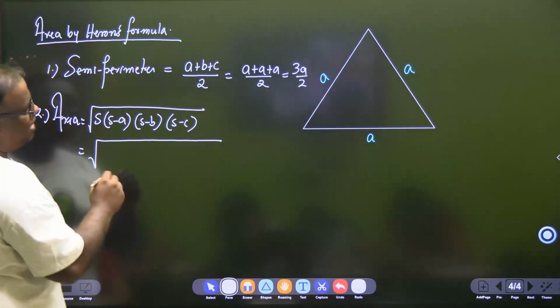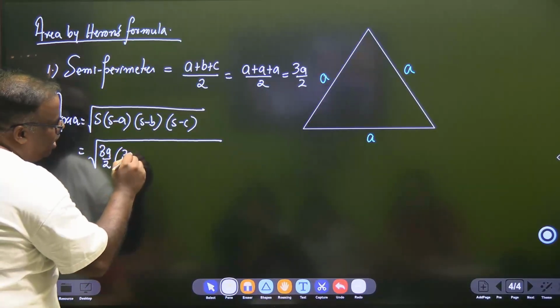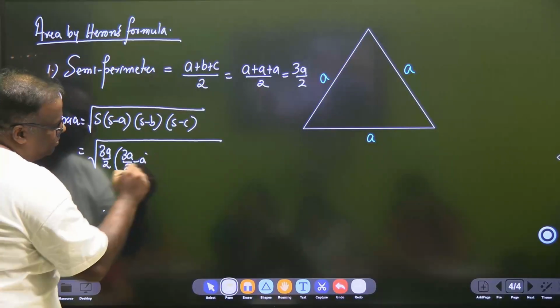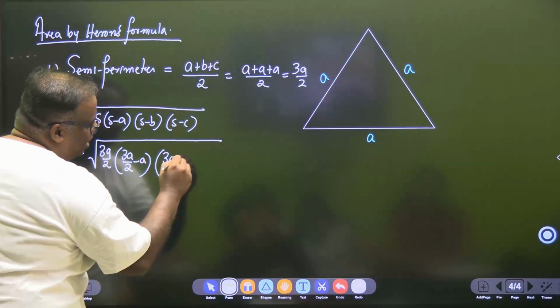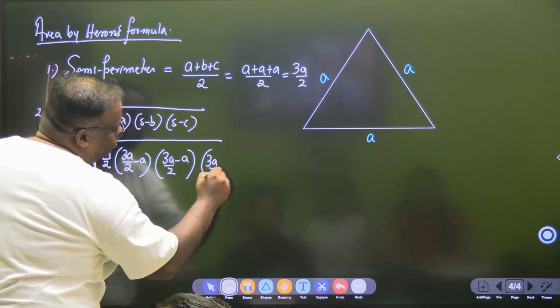What is the value of S? Yeah, देखो ना यहाँ, 3A upon 2. This is 3A upon 2 minus A. Then 3A upon 2 minus A. And again 3A upon 2 minus A.